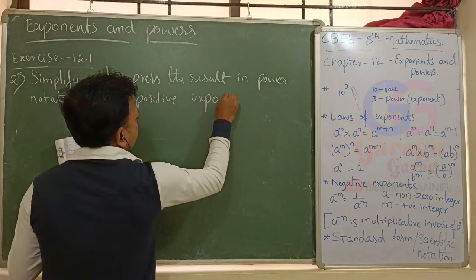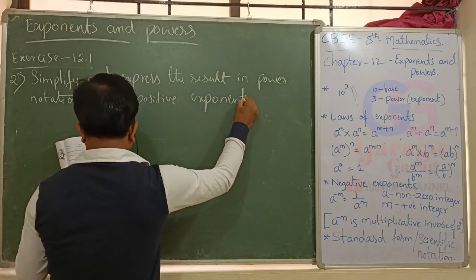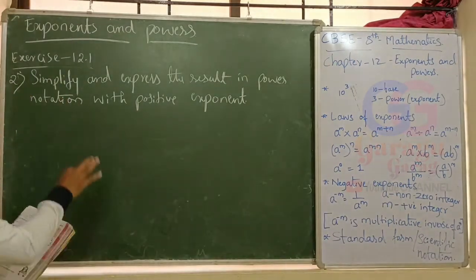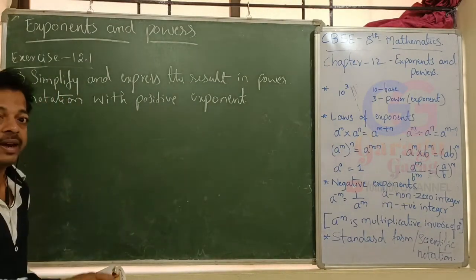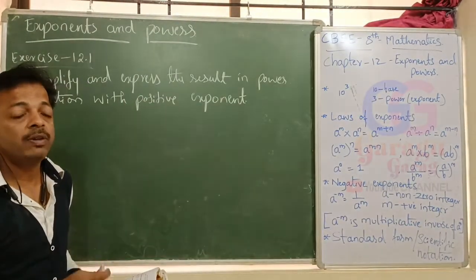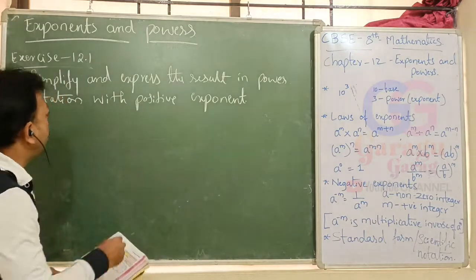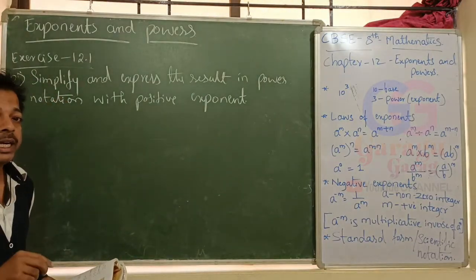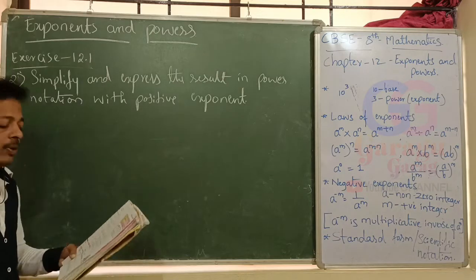Remember, the last question they simply asked to evaluate, but here they give simplify and then express the result in power notation. Power notation means exponent notation only, and with positive exponent. If the exponent is negative, you have to write it as a positive exponent.